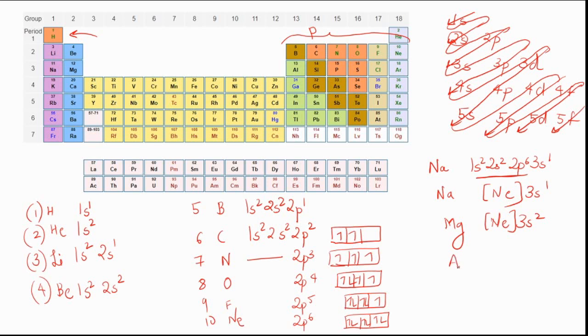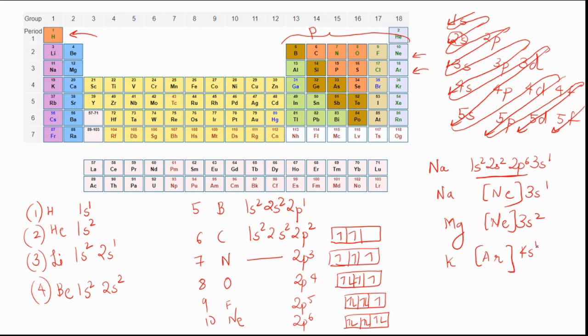Then we have aluminium. After 3s2 we have 3p, and the p orbitals will successively fill. Then next we have potassium and calcium. After the p orbitals are filled, we will be filling the 4s orbitals. For potassium, the previous configuration will be argon, like in the previous case it was neon, and then after that we will have 4s1.